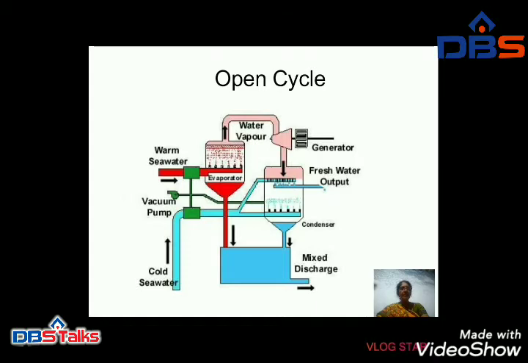The warm seawater goes to the evaporator, and from the evaporator steam is produced. The steam goes to the turbine to rotate it, and the turbine is coupled to the generator.